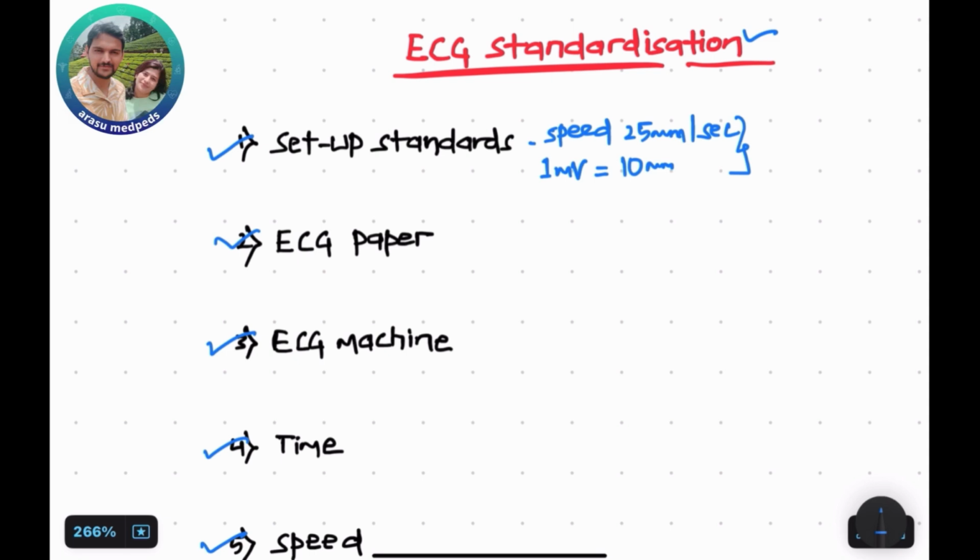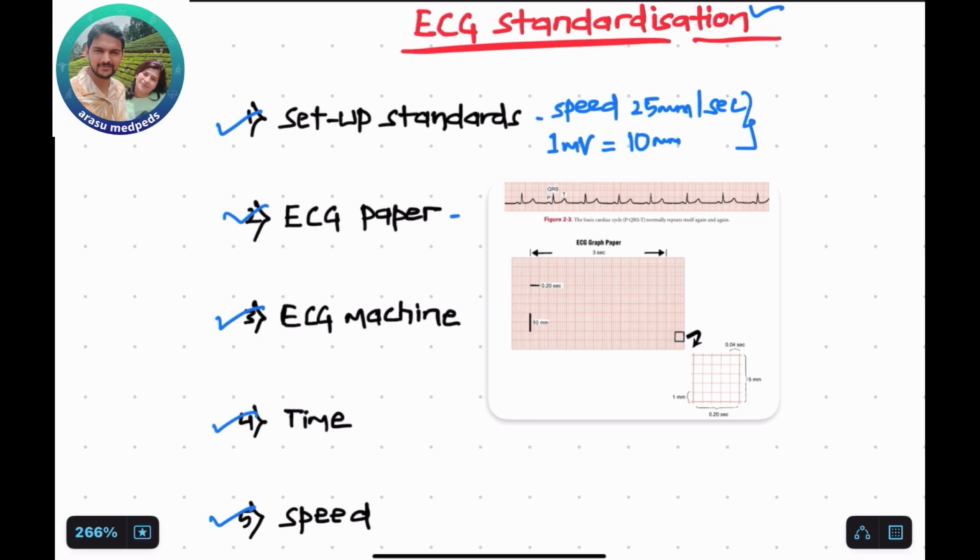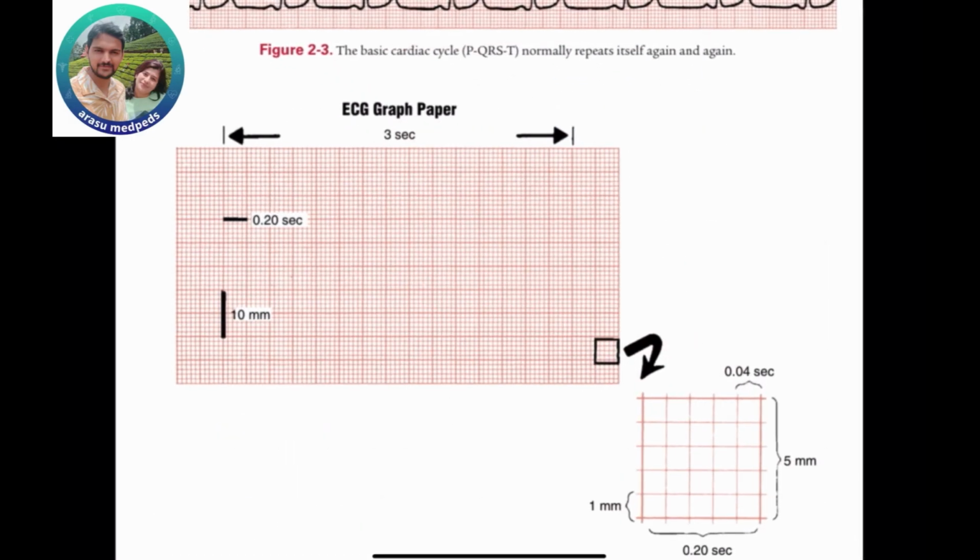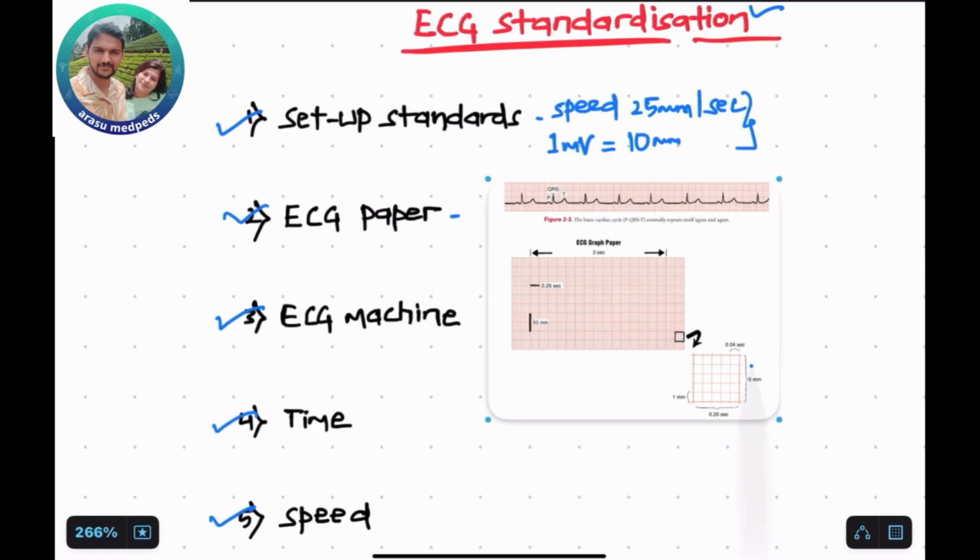For that we will focus on the ECG paper. If you observe ECG paper, we can make out that there are grids, where we can see boxes. There are small boxes as well as large boxes. In one large box there are 5 small boxes in a row.